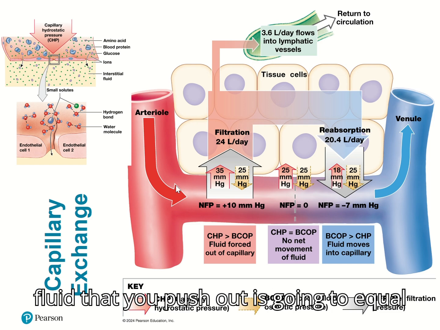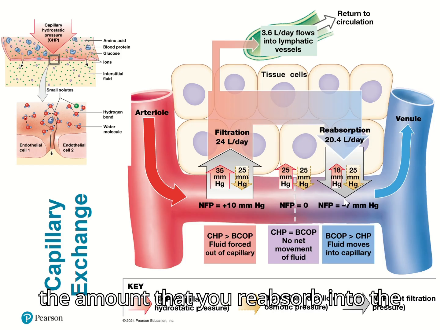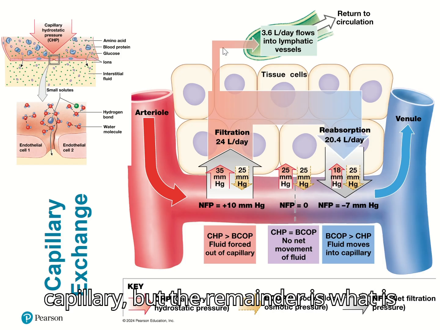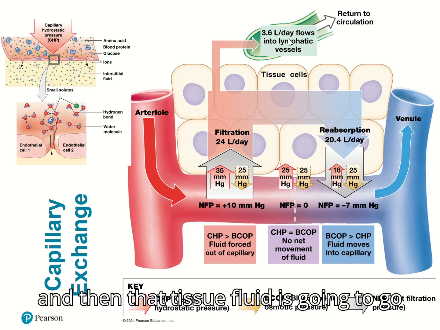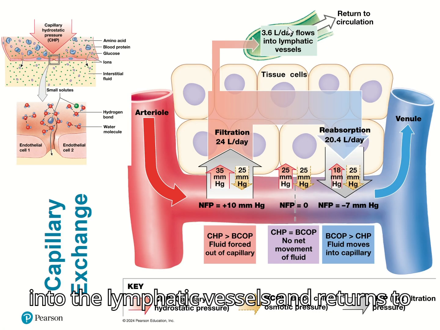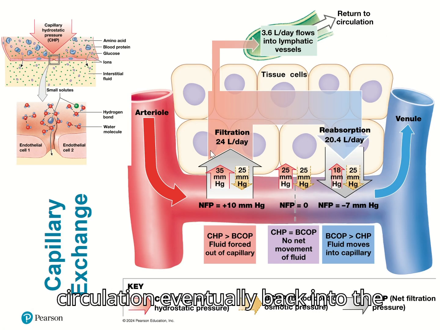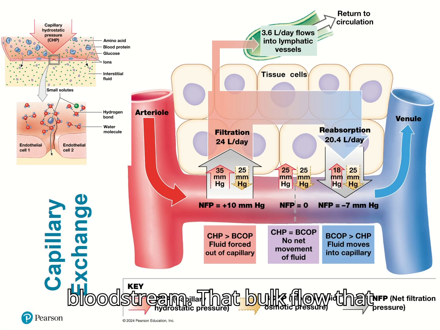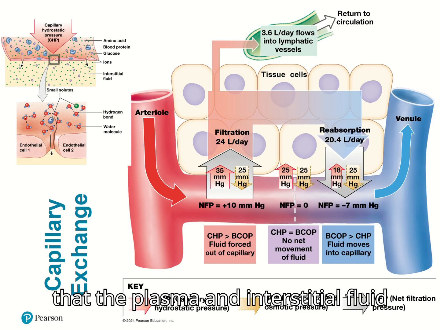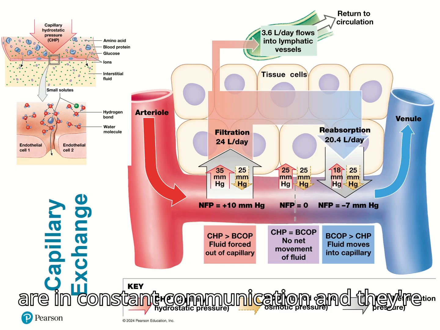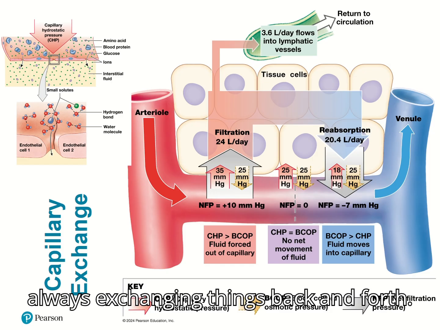That tissue fluid goes into the lymphatic vessels and returns to circulation, eventually back into the bloodstream. That bulk flow makes sure that the plasma and interstitial fluid are in constant communication and always exchanging things back and forth.